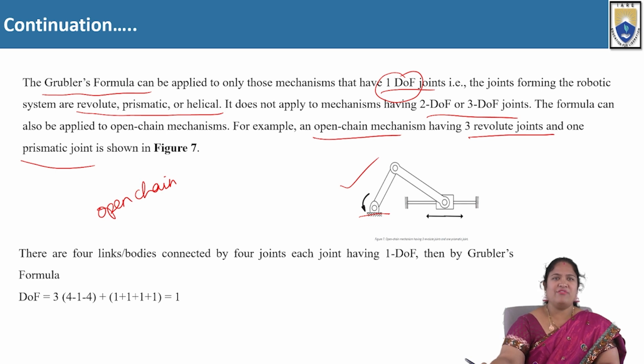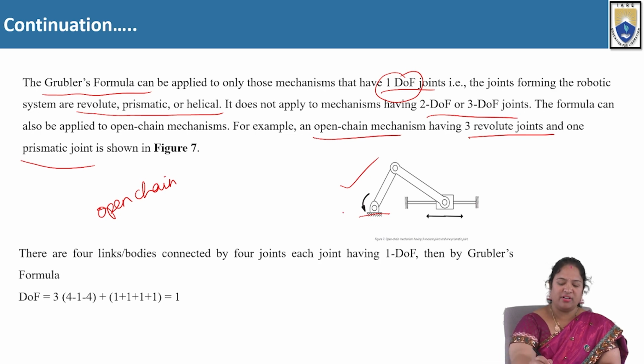Now, there are 4 links, bodies being connected by 4 joints in the above figure. How do we calculate the degrees of freedom?